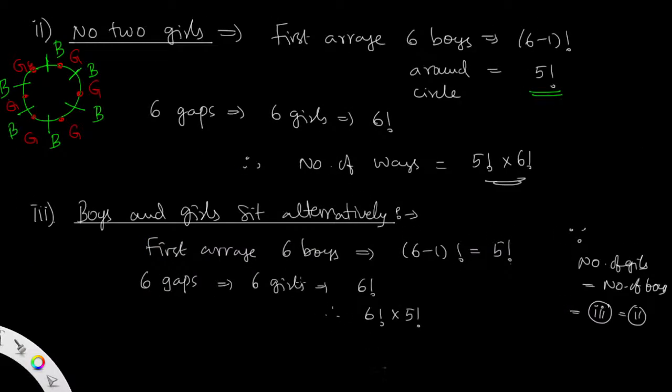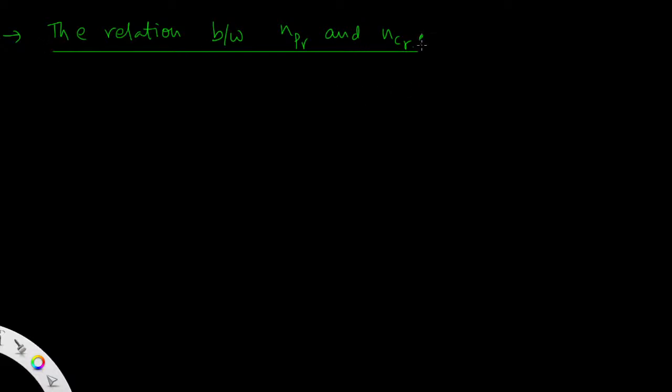Next, similarly, the value for nCr we can write in another form, the second formula: the relation between nPr and nCr. What is the relation between nPr and nCr? You know the formula just now: nCr equal to n factorial by n minus r factorial into r factorial.